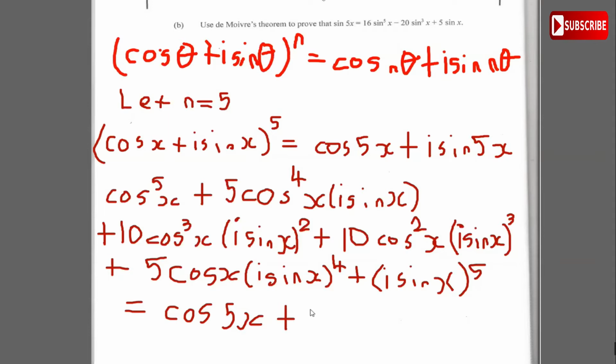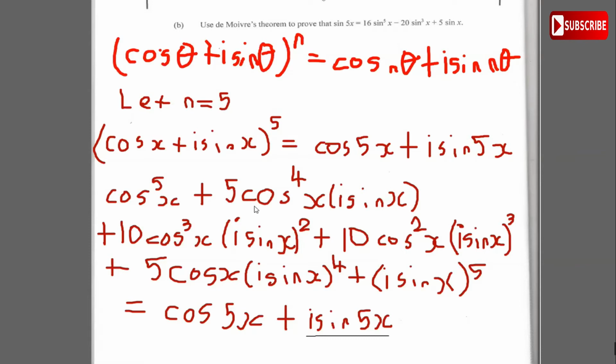Nice. Now this is where you're going to have to know powers of i. You have to know powers of i. So let's get into powers of i. Now, we're trying to prove sine 5x, so we need to equate the imaginary part.